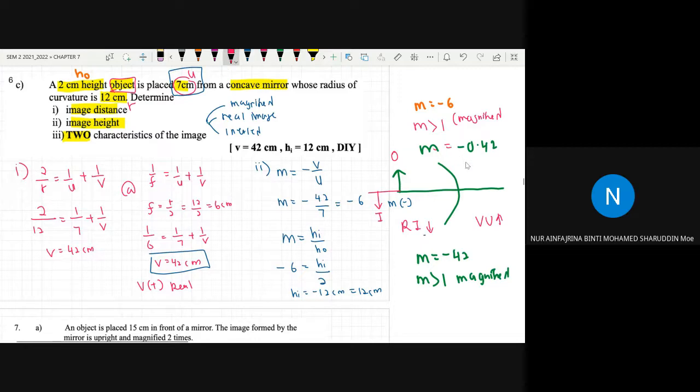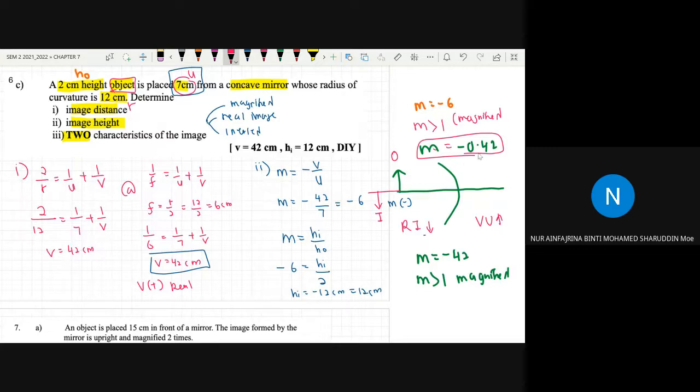Kenny boy, bila magnification equals to negative 0.42? Okay, Miss nak panggil ni lah. Kenny, Miss tak boleh dengar. Bila magnification you equals to negative 0.42, dia magnified, diminish or same size?